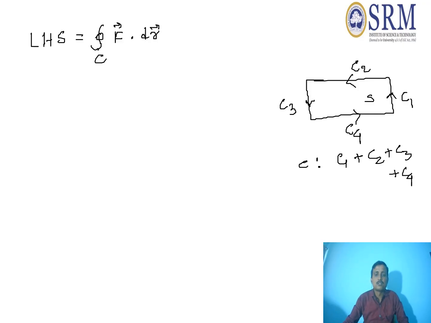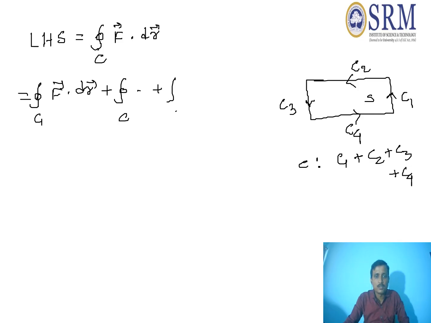So for each side we will evaluate this line integration. You can rewrite it for better understanding: it is the integral over C1 of F dot dr, plus over C2 of F dot dr, plus over C3 of F dot dr, and again over C4 of F dot dr. You should write it here.